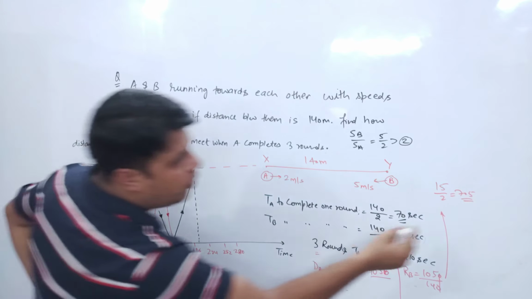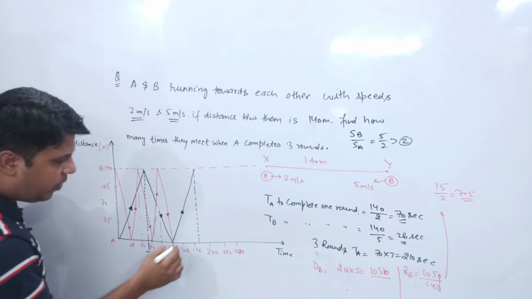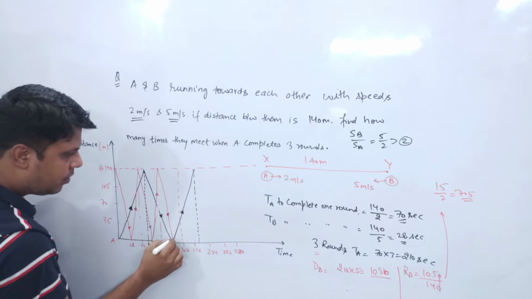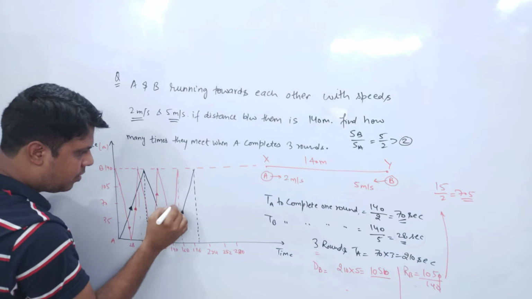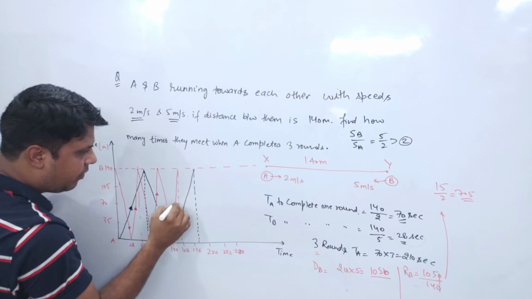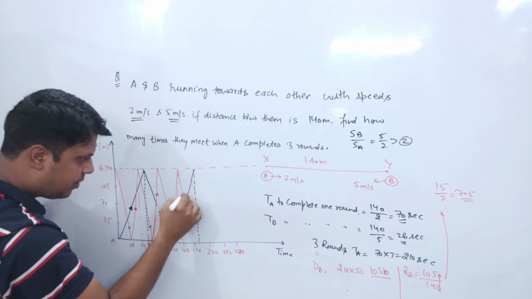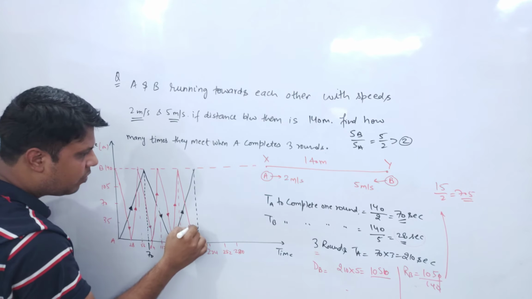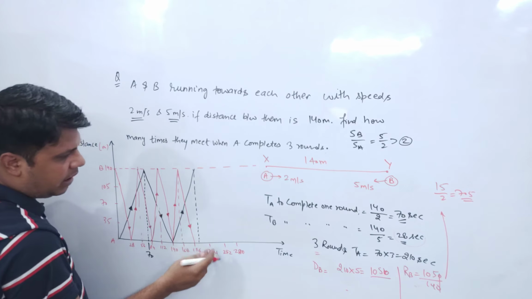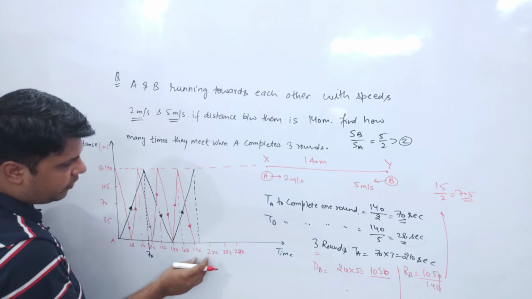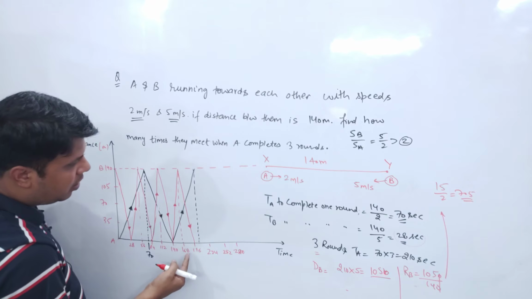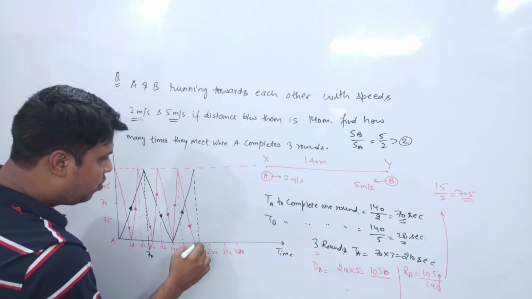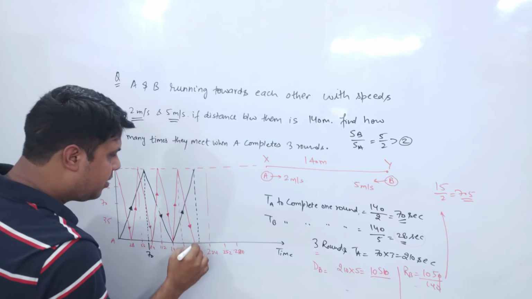We have to just go by the 7 rounds. 6th round would be 168, and 7th round would be 196. And we have to complete just the 8th round also, but we are not required. If I go that way also, that would be 168, 196, and 224. So 224 will be here, right?